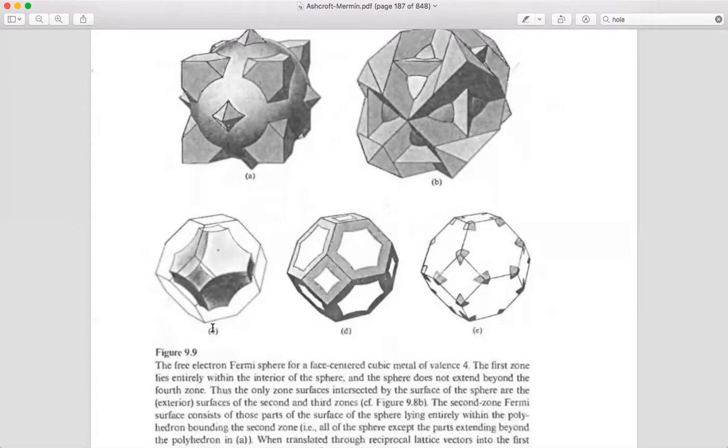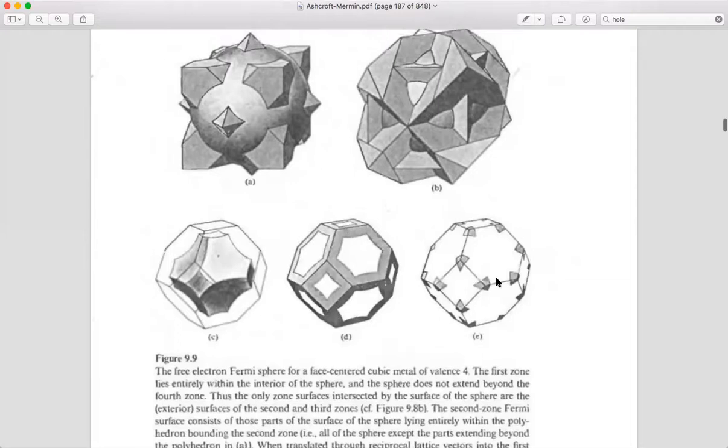So this outer shape that you see here is the 1st Brillouin zone corresponding to the real space FCC lattice. This is the bit in the 3rd Brillouin zone. Again, these pieces have been translated back into the 1st Brillouin zone, and this is what you get here. And these are the pieces in the 4th Brillouin zone, some small bits here and there.